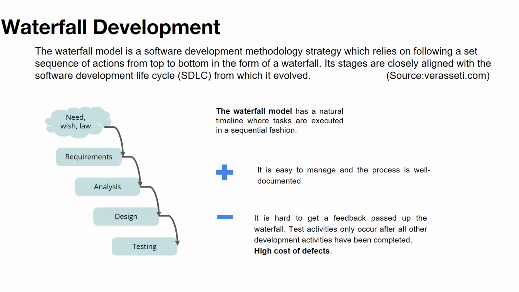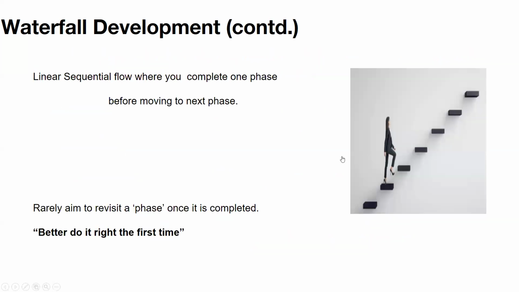Defect fixing cost and everything is really high in waterfall development. And also the testing team doesn't have much work until the last part of the project. If it's a 6-month project, until the last 2 or 3 months, they might not have much to do, right? So it's wasting effort as well. It's a linear sequential flow where you complete one phase before moving to the next one, and rarely revisit a phase once it's completed.